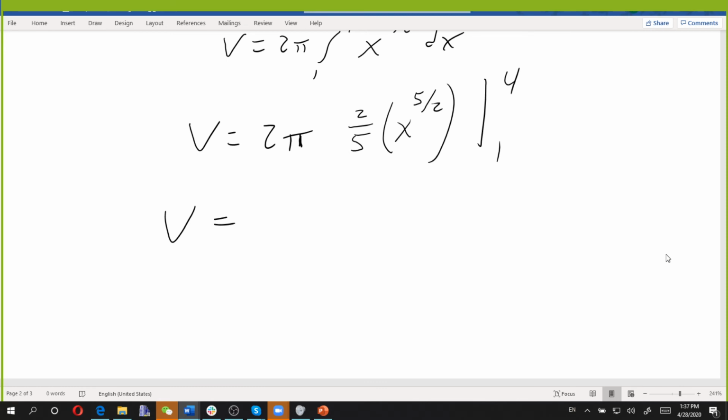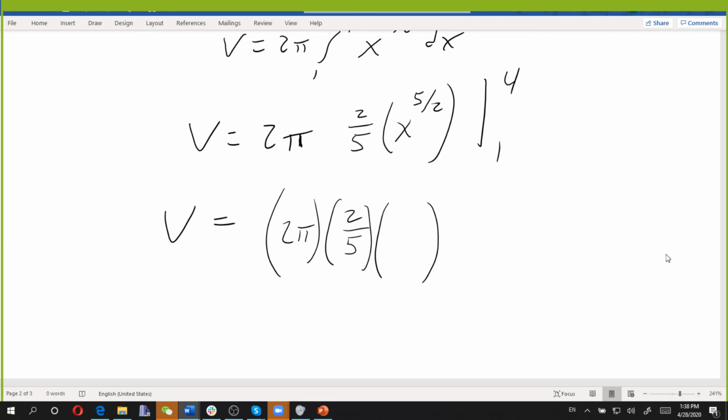Okay, jumping over to Kelly. Kelly, what will happen if I plug in my upper bound right now? It's 2 pi multiplying 2/5 times 1 to the power of 5/2.